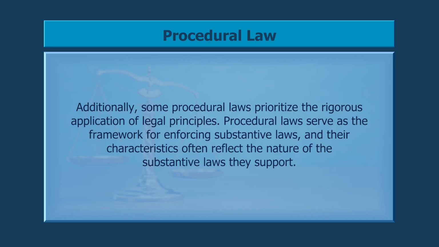Procedural laws serve as the framework for enforcing substantive laws, and their characteristics often reflect the nature of the substantive laws they support. Procedural laws can generally be divided into two categories: civil procedure laws and criminal procedure laws.